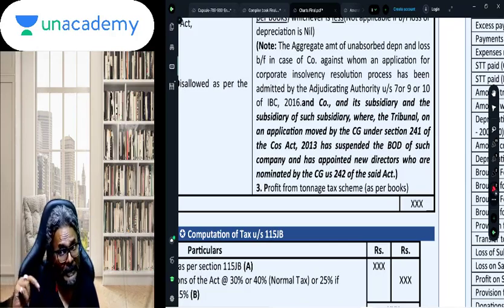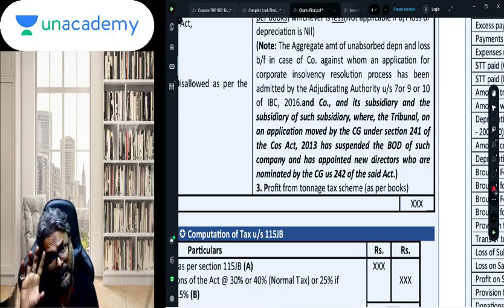Below this, they have given a statement that in those respective years, the lower amount, which was brought forward business loss as per the books, was being adjusted. That was already adjusted because it was a lower amount.